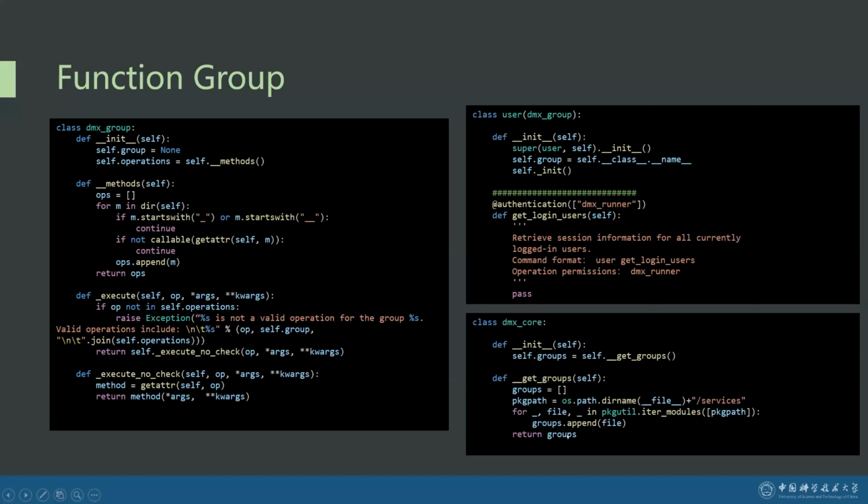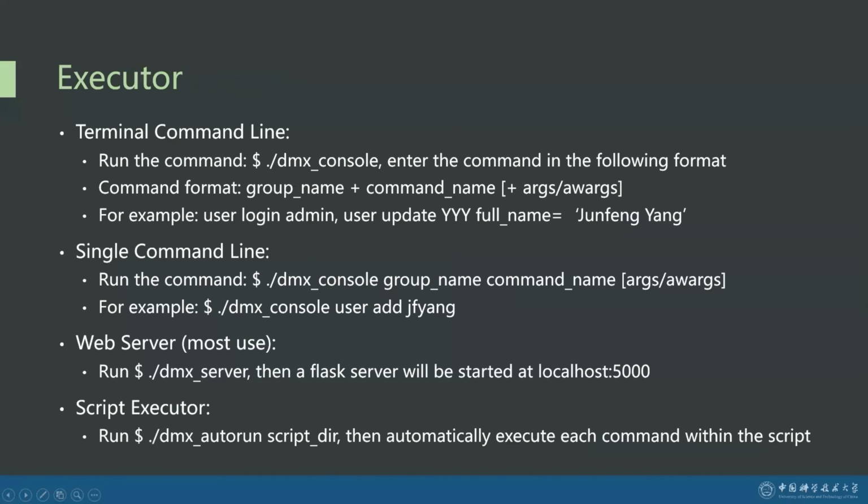Then let me introduce several executors in our main control software. We provide the terminal command line, single command line, web server, and the script executor. First is the command line. We can run the command dmatrix console and press enter, and an interactive console will be started. Then the user can type their command operations.